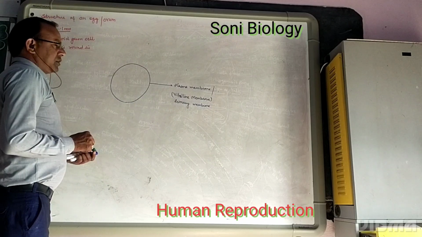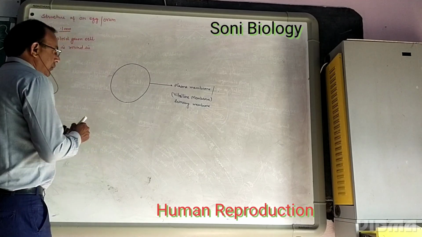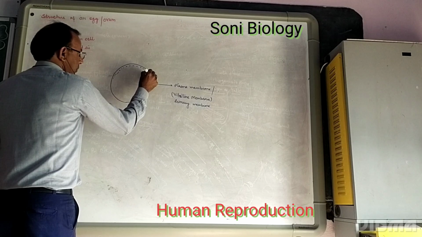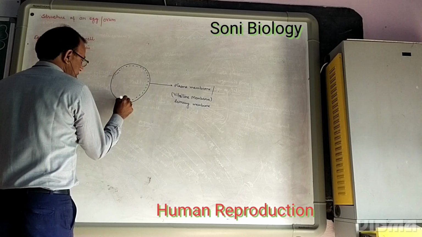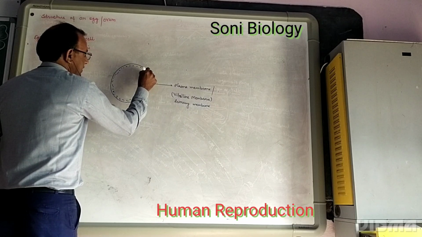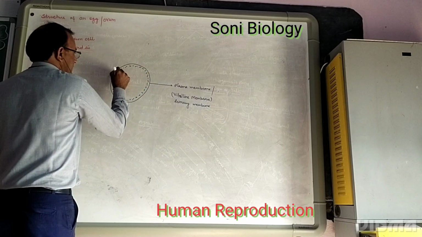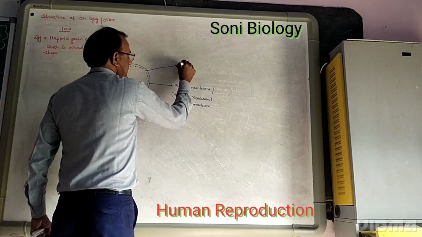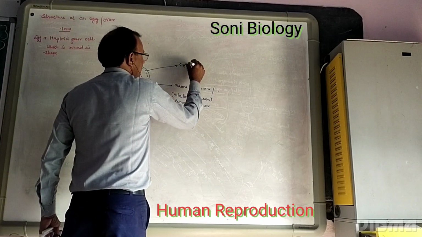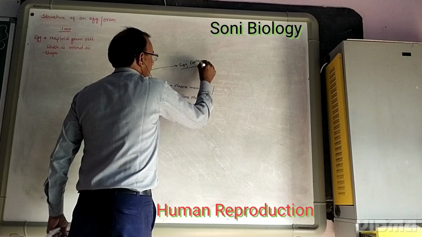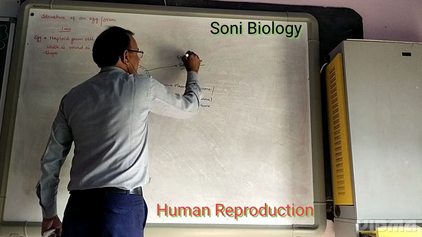The egg consists of two zones. The first zone, closer to the plasma membrane, is called the egg cortex, and it is not so dense as compared to the ooplasm. This outer zone is also called exoplasm.